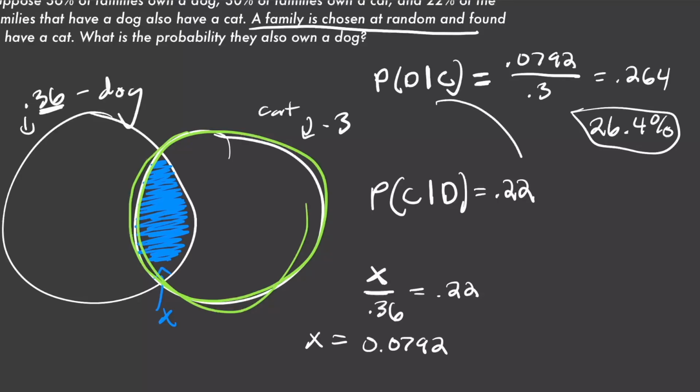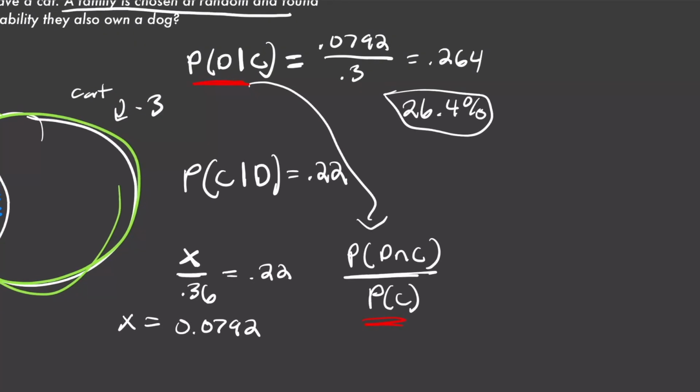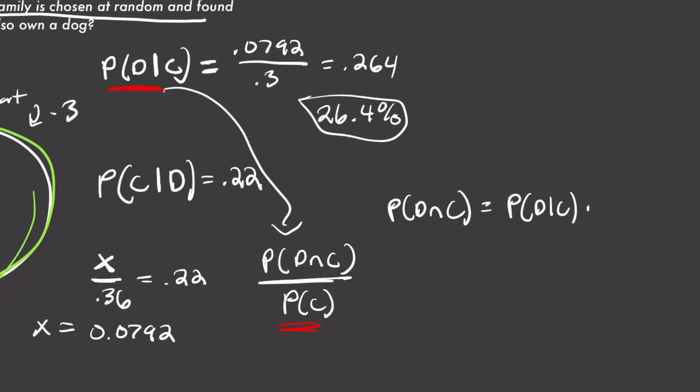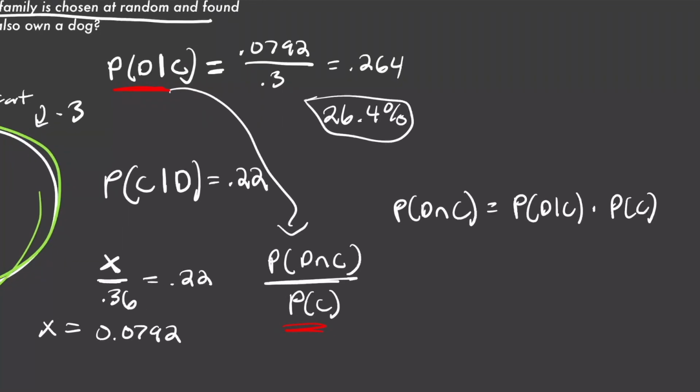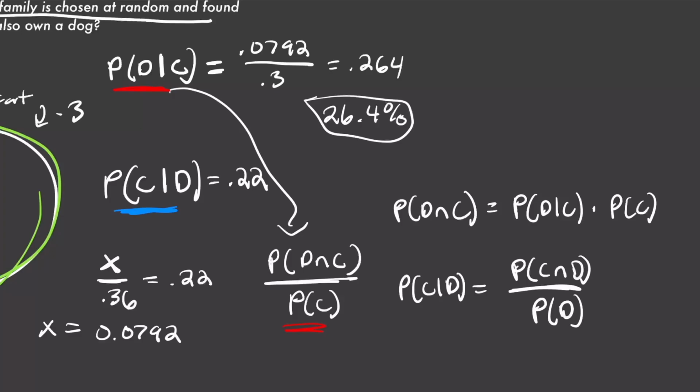If we wanted to solve this just using numbers and forget about the Venn diagram, then the probability of D given C, which we're trying to solve for, is equal to the probability that D and C both happen divided by the probability of C happening in general. So the probability of D and C both occurring is equal to the probability of D given C times the probability of C, just by rearranging the equation. We're also given the probability of C given D, which is equal to the probability that C and D both occur divided by the probability of D, our restricted space.